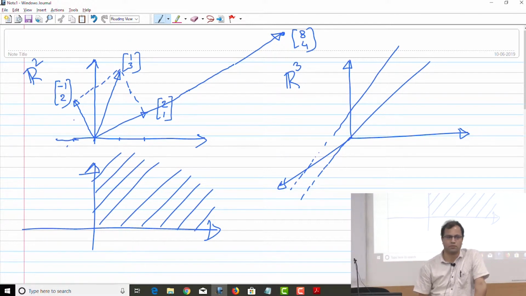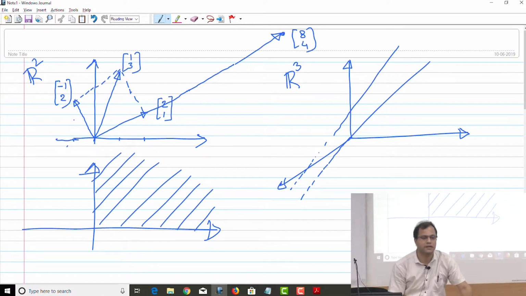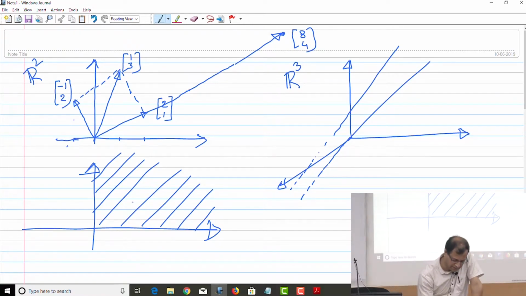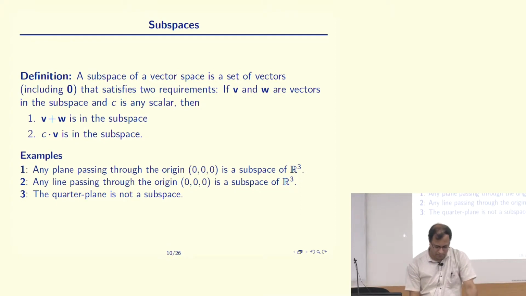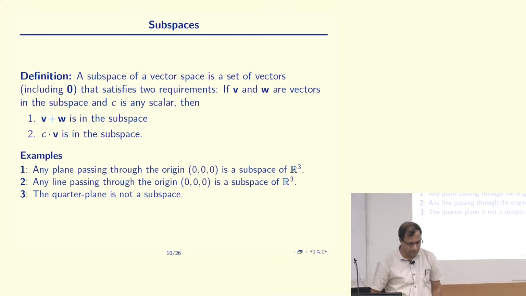No. If you consider any vector here and multiply it by some negative number, say minus 5, it will come out here, not in this particular space. So it will not be a subspace of R2. So these are a few examples of subspaces.